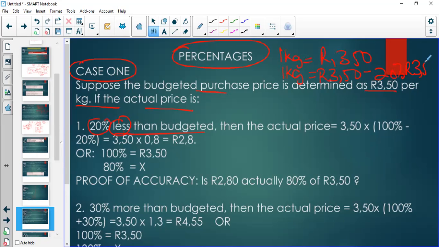That's the relationship, because the price is 3.50 and we want 20% of that price. In other words, this is the equivalent of 0.8 or 80%. Because if something is 20% less, then it's 80% of whatever we are relating it to. So we multiply it by 0.8, and then we get to rand 18.